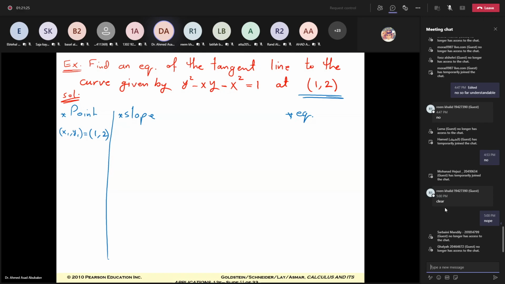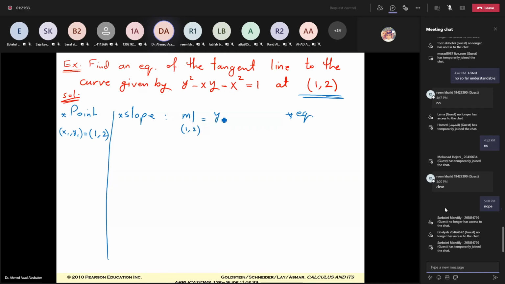Now we need to find the slope. The slope, this means m at (1, 2). This means y′, and substitute x equals 1 and y equals 2. Now, from this relation we find y′: 2y y′ minus the derivative of x multiplied by y plus x multiplied by y′, minus 2x equals 0.